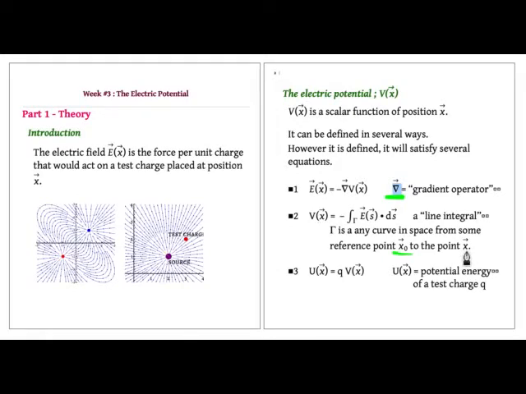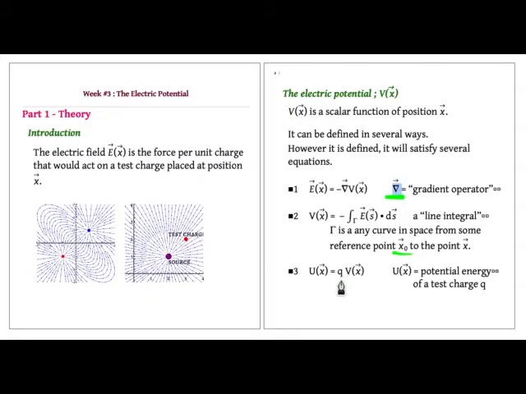So we just view V as a function of position in space. And the third relation is a relationship between potential energy and electric potential. So the potential energy for a test charge at position x is equal to Q times the electric potential at that position.